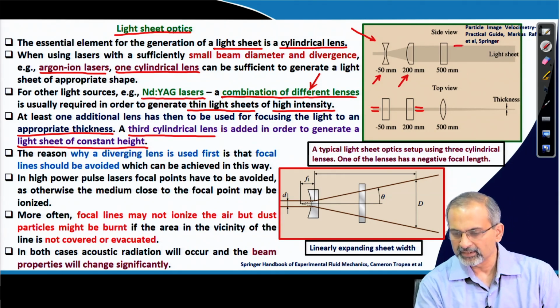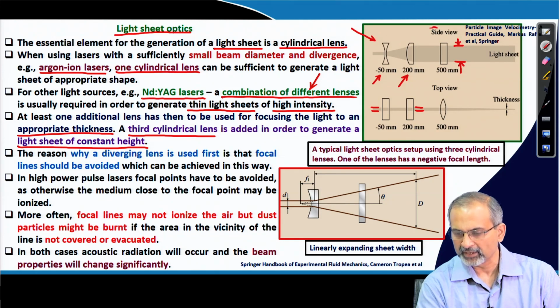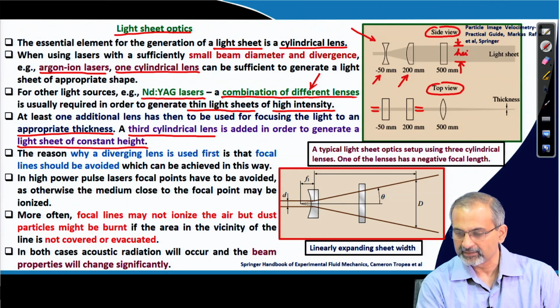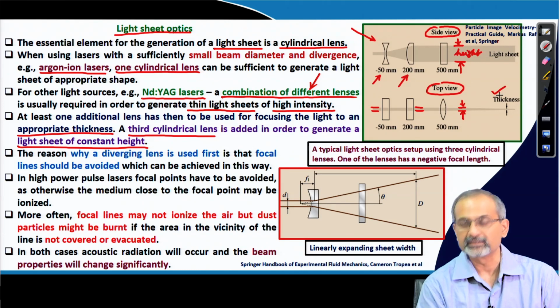Mind that this is the side view, while the lower one is the top view. In the side view you are getting the height of the light sheet, while in the top view what you get is the thickness, as is indicated here.